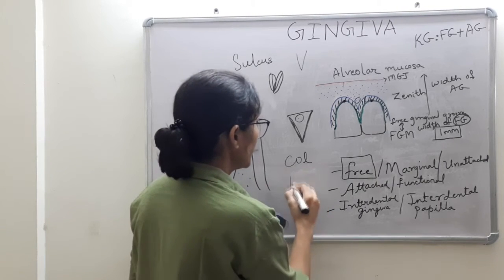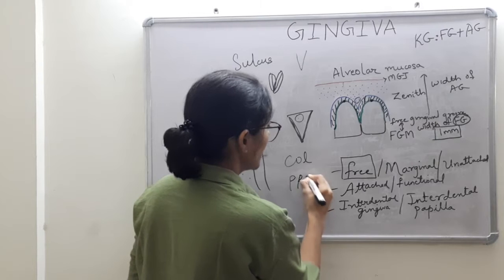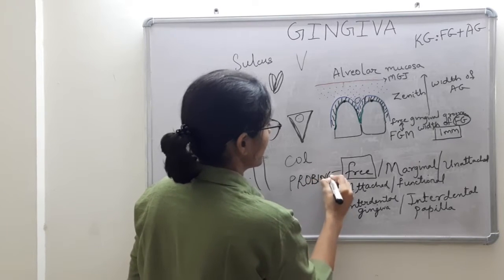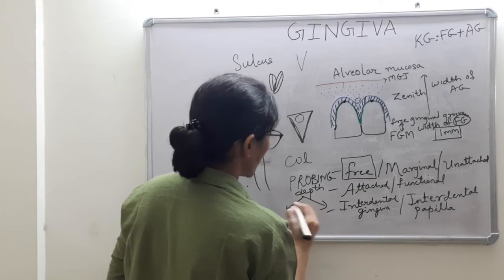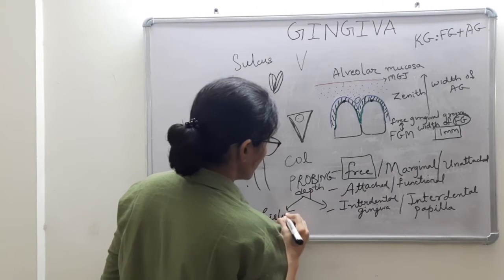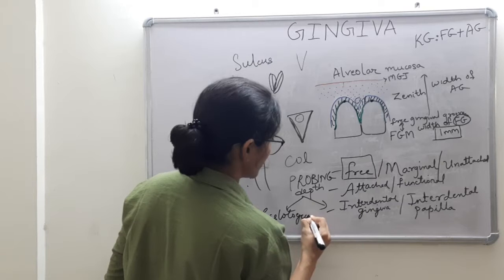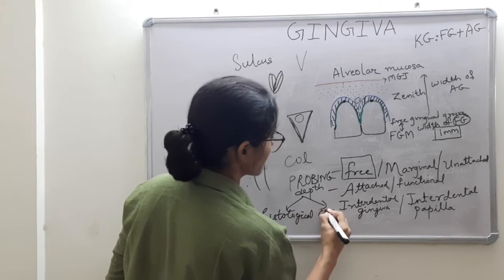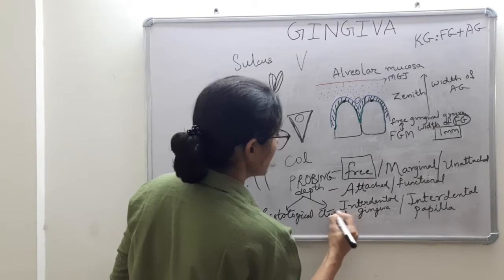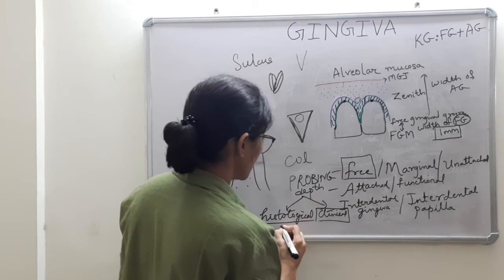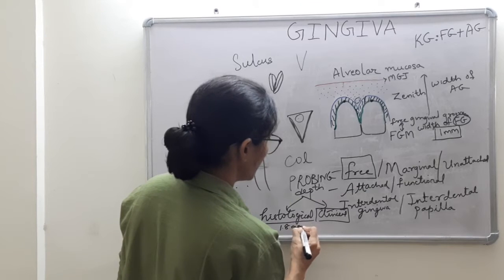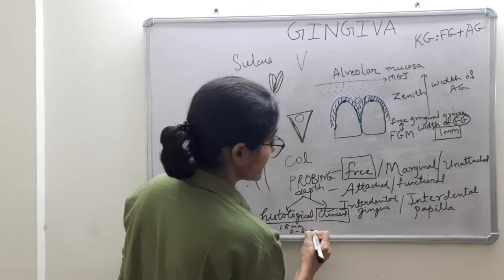Now probing depth is of two types, histologic and clinical. What we do is clinical, but the ideal one is histological, which is obviously not feasible in all cases. The histological one is usually 1.8 mm, with a range of 0 to 6 mm.